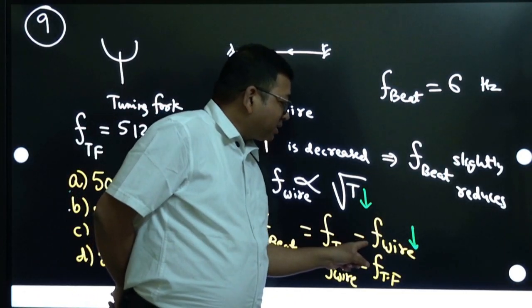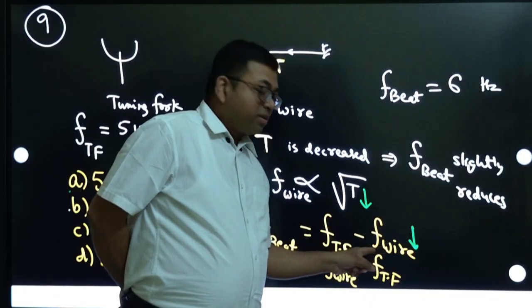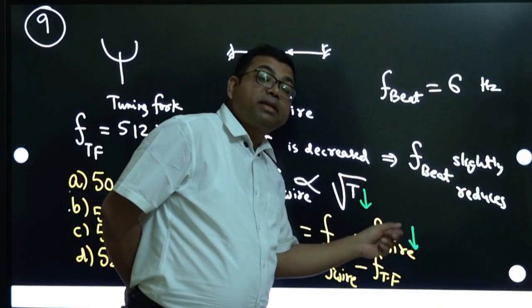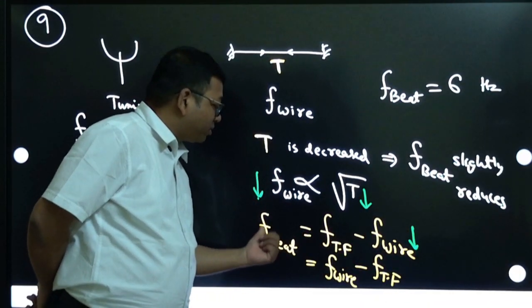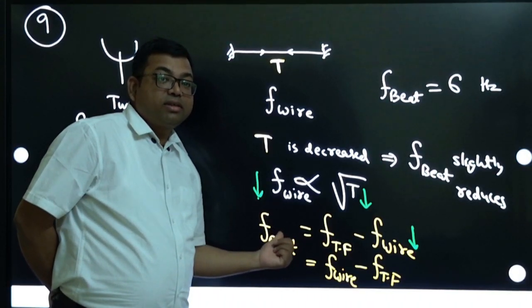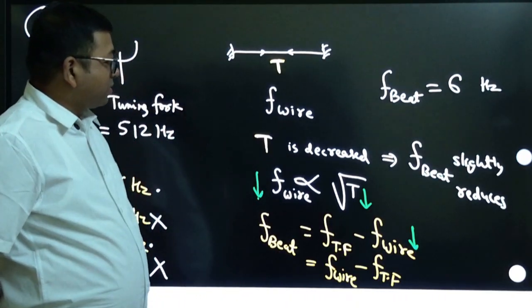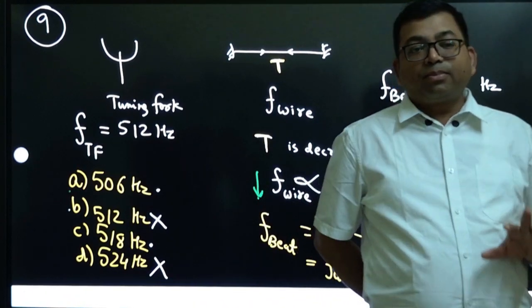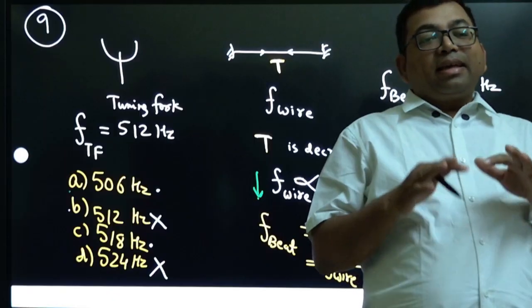See, note that you are subtracting this term. Suppose the term which you are subtracting becomes smaller, then what will happen to this beat? Will it increase or decrease? Take an example. Suppose there is 10. From 10, I am subtracting 8.